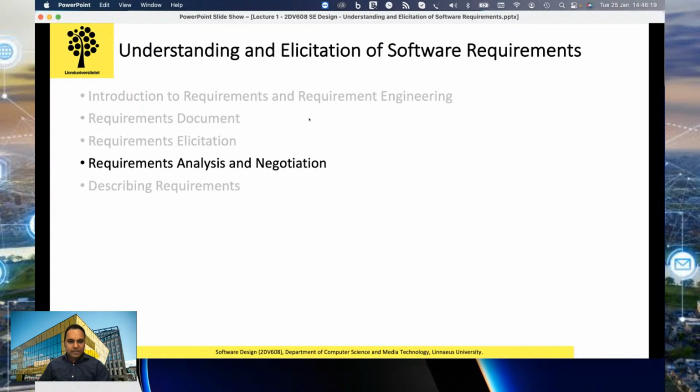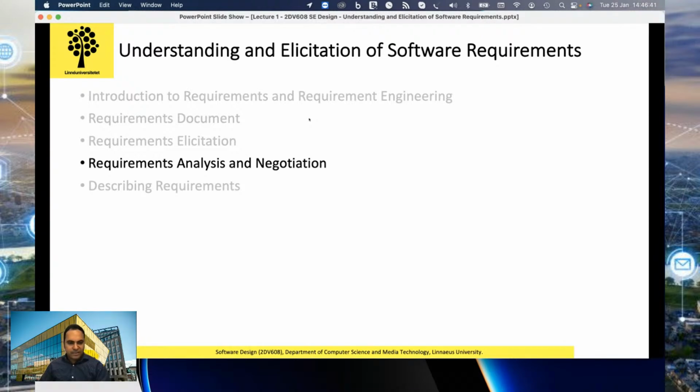So the next is, once you elicit the requirements, let's say you have a list of user requirements, you have a list of system requirements from your operating environment, and you also have a list of requirements from the scenarios or stories.